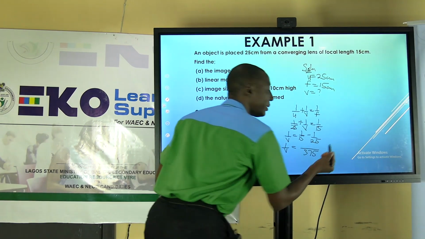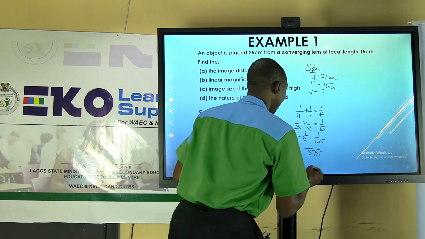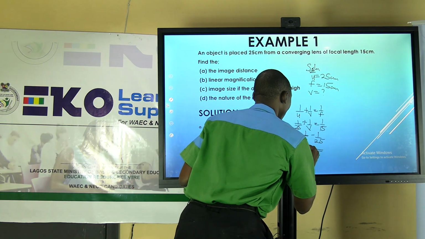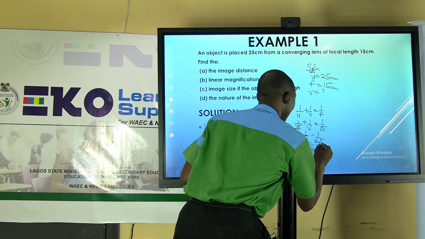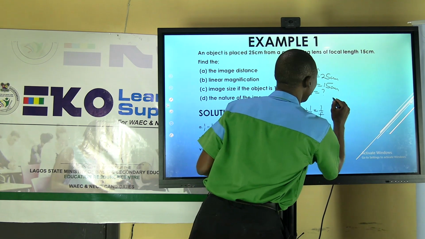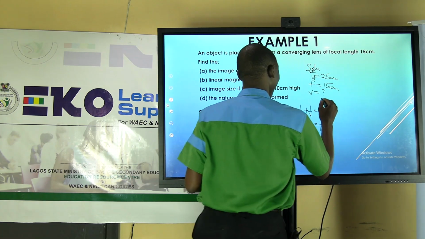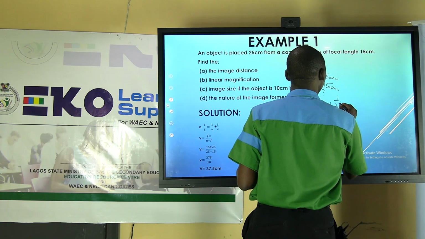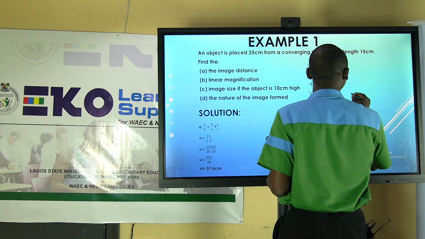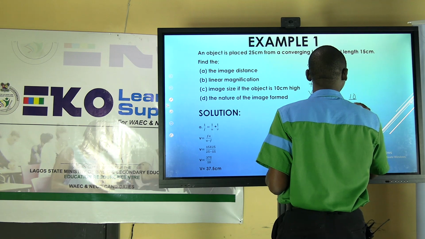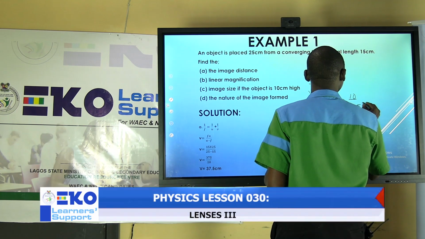That is 15 times 25. 15 in 375 will give us 25, and 25 in 375 will give us 15. So we have 1 over v equals 25 minus 15, which gives us 10, over 375.